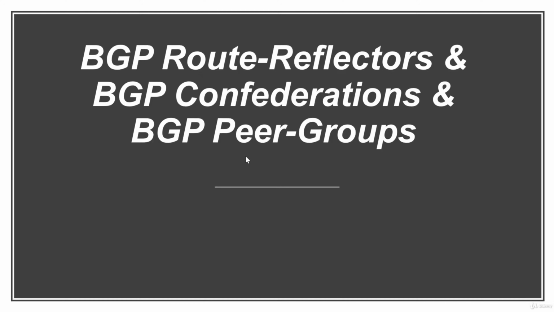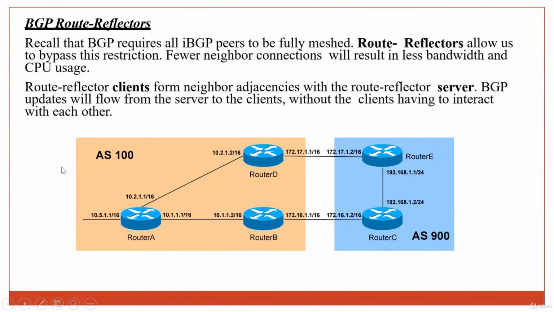Next topic we have BGP route reflectors configuration and the peer group. Now in an IBGP relationship, whenever IBGP peers get an update from outside, they assume that all the neighbors, whether physically directly connected or not, are in full mesh.